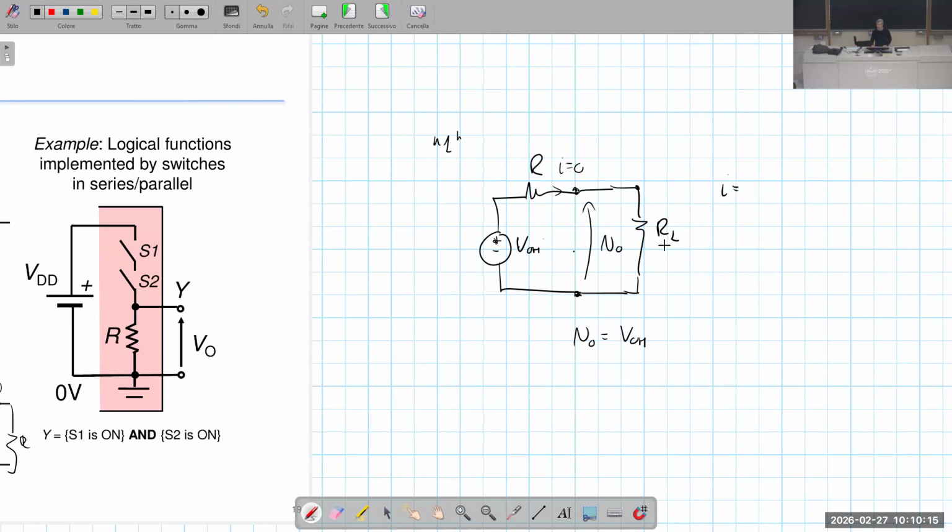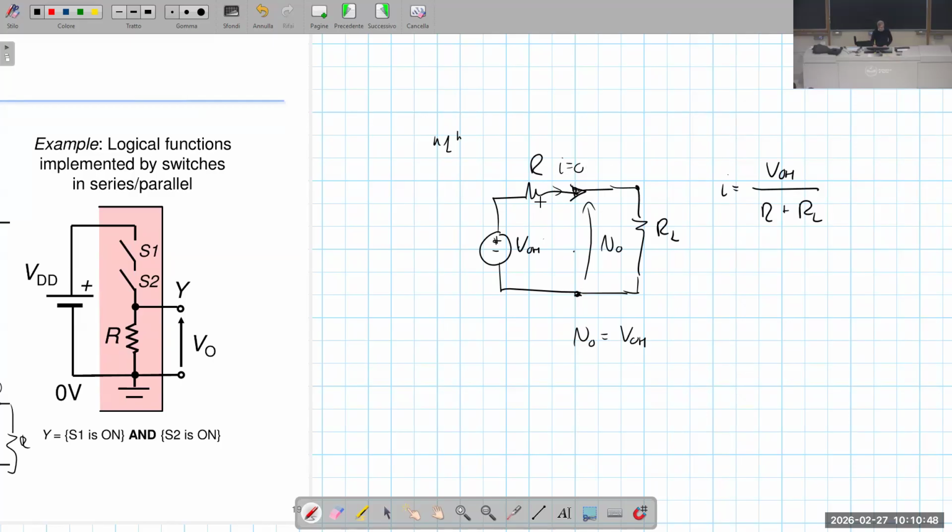If I connect this resistor, what is the current flowing in this circuit? The current is VOH divided by R plus RL. R and RL are in series, and this is the current.